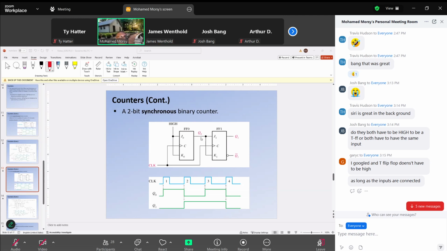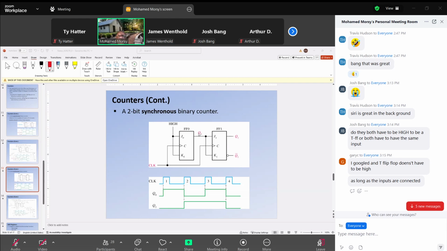Both of them are connected to Q0 for toggle. But is Q0 always 1? It depends on Q0. It can be 1 or 0. If it is 1, it works as a T flip-flop.